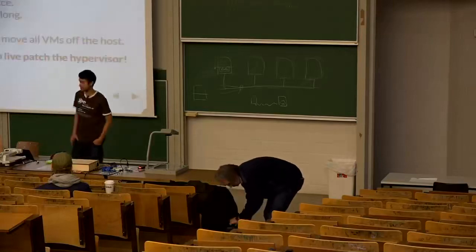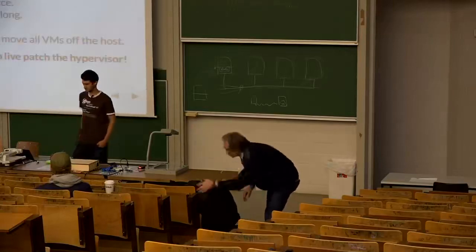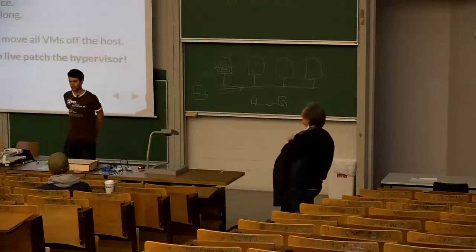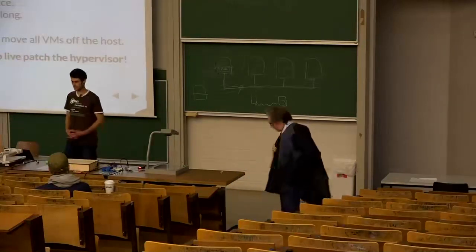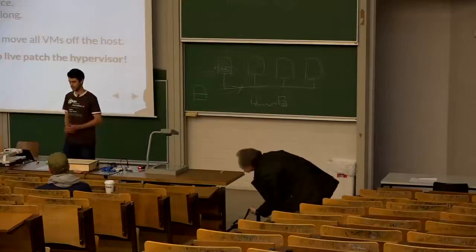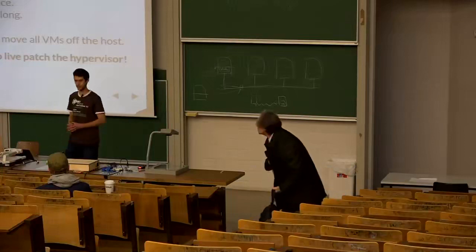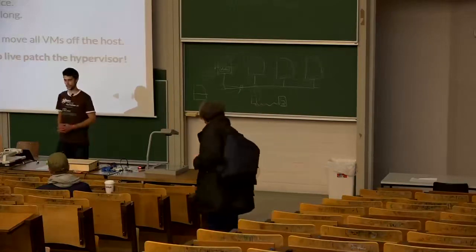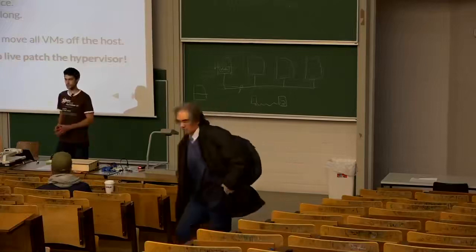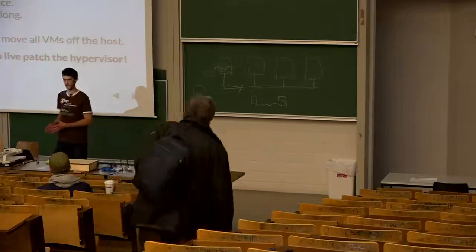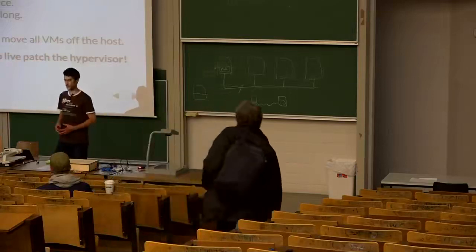So the first question that you might ask is, what's the point of live patching in Xen when we've got live migration support already? There are a few reasons for this. For a start, you might be using a VM that's using a pass-through device like a network card or a GPU, and this is tied to the hardware itself, so it's not possible to live migrate that.